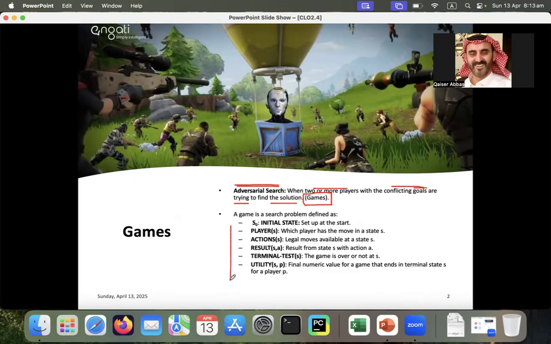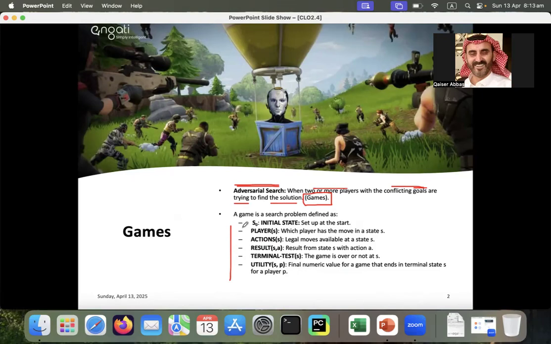Now this is the problem definition for the game. This is the definition according to the AI that we studied in chapter 1 or 2, how we can define different problems by stating 5 different things.